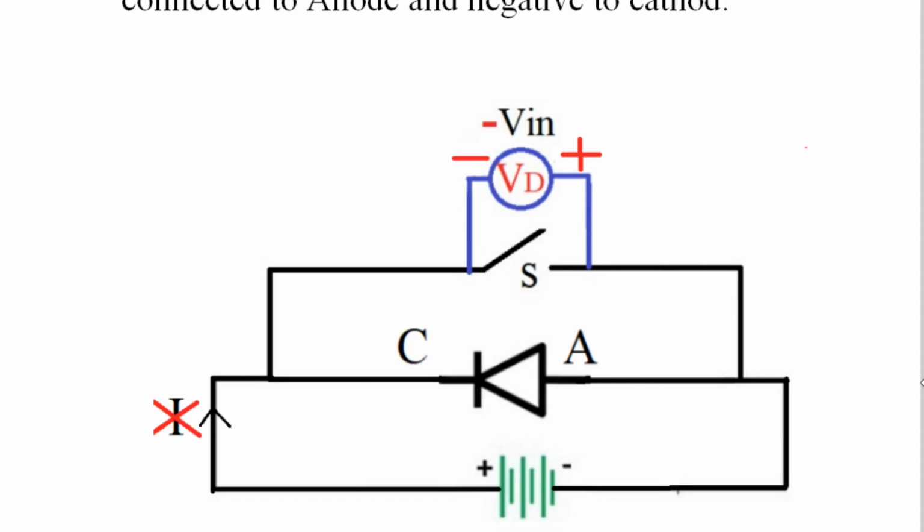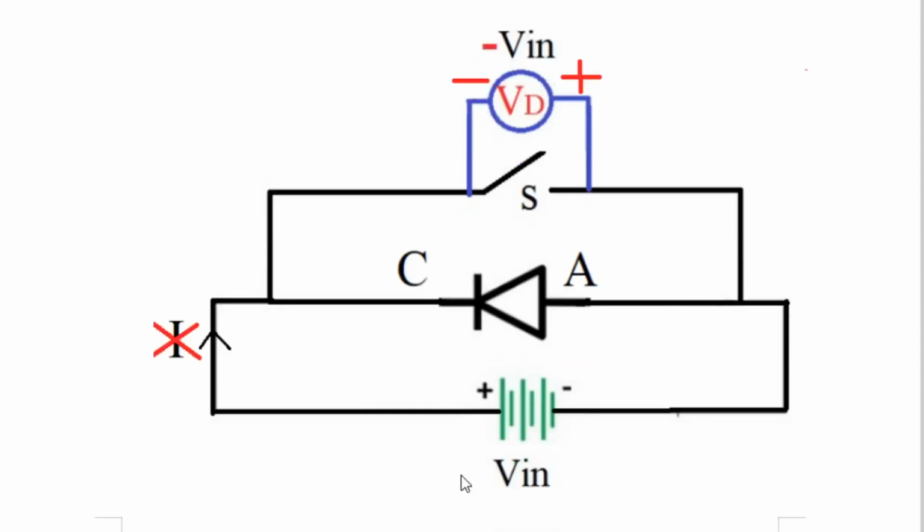Here we have connected the battery Vin to the diode, but we have taken the left-hand side of the battery as positive and the right-hand side as negative, and we have reversed the diode. The anode of the diode is on the right-hand side and the cathode is on the left-hand side.